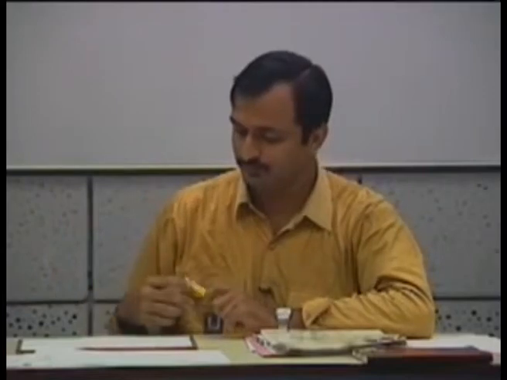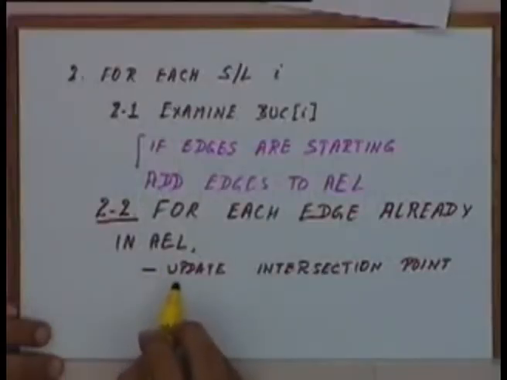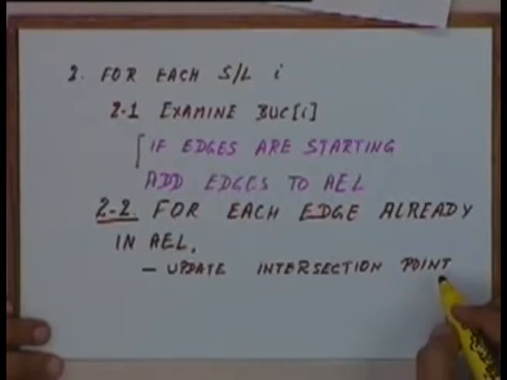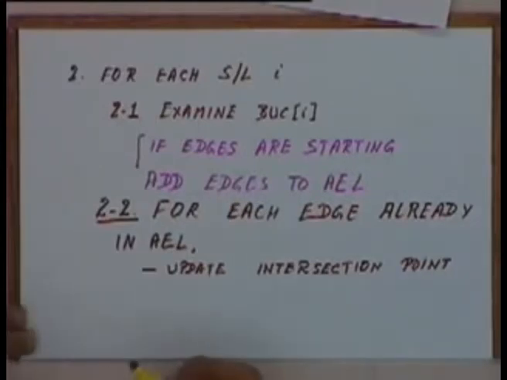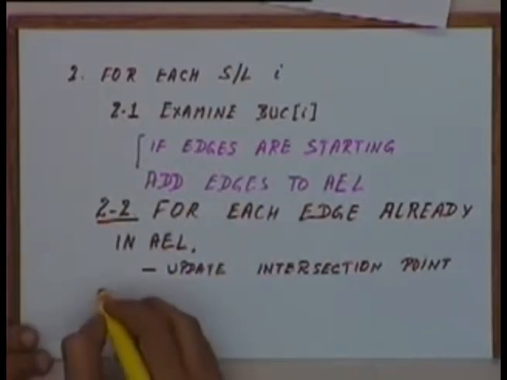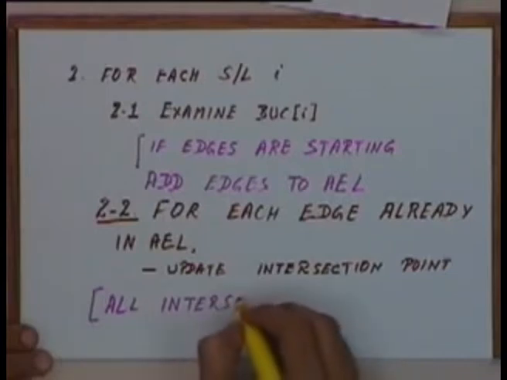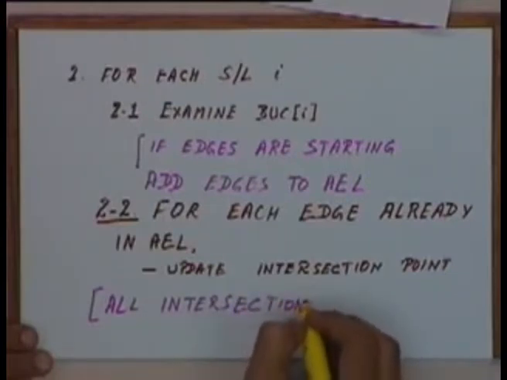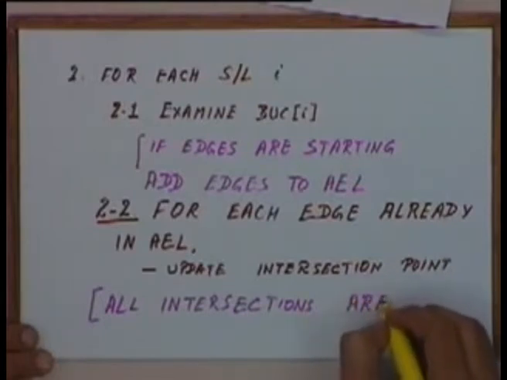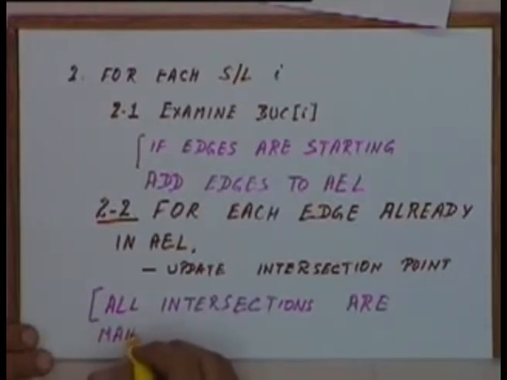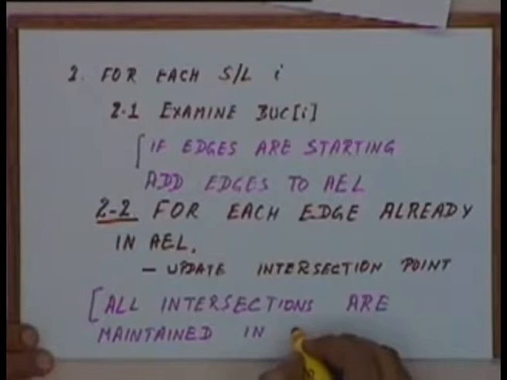So, we said for each edge already in the active edge list, update the intersection points. Now, while we are doing this, we should take care that all intersections are maintained in an increasing x coordinate, or remain sorted as per x.